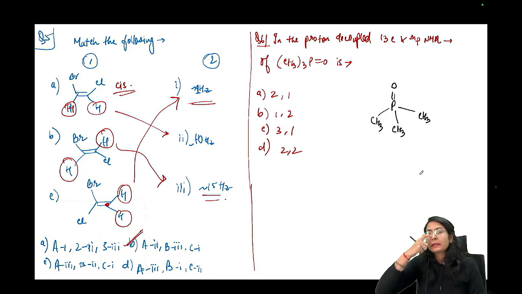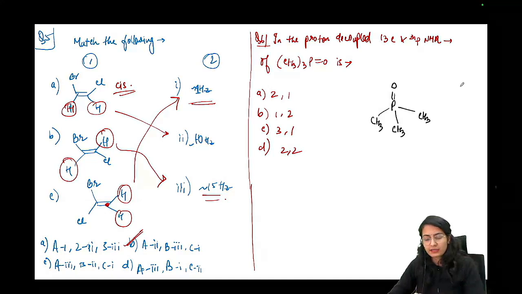So you are having only one phosphorus present and all the methyls are the same only, isn't it? सारे methyl तो same ही लग रहे हैं. Then what is the correct answer?